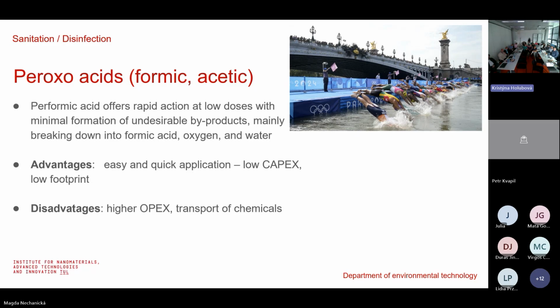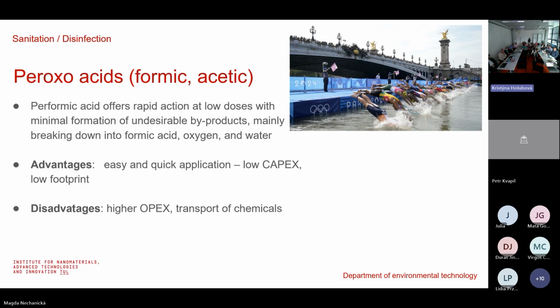Here you can see the picture is from Paris, from the last Olympic Games, and Veolia, which operates the second largest wastewater treatment plant in Paris. This plant is for 2.5 million population equivalents.